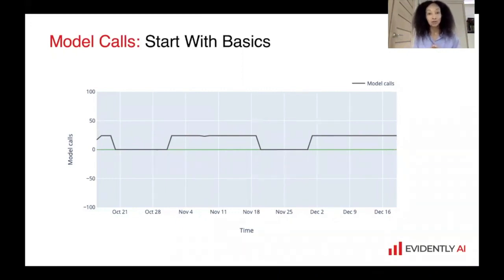I suggest you create this, because even if the service for which you use your machine learning works correctly, it can happen that your machine learning model will still be out of usage. So make sure that someone actually uses your model, so your model gets some requests and gives an answer. And for doing this, I suggest you create the model calls dashboard.